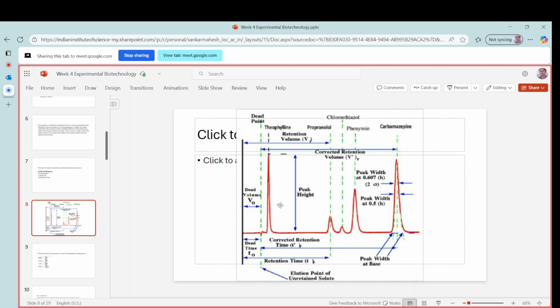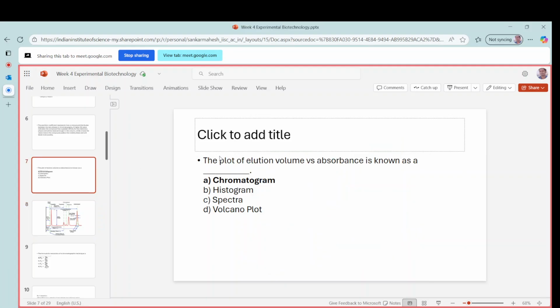It doesn't even enter the bead or bind to it, so it exits. So, depending on the solution volume and absorbance, the plot of solution volume and absorbance is your chromatogram.